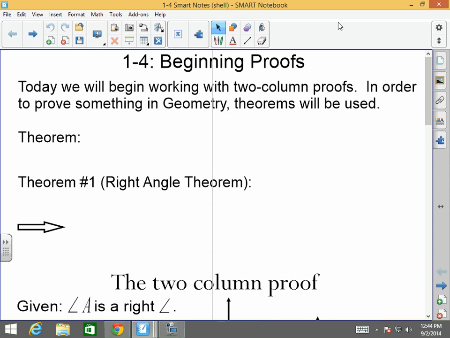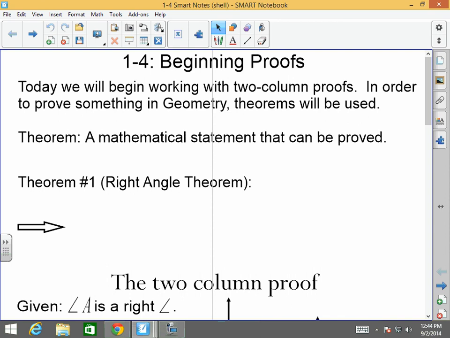In other words, in order to prove something in geometry, theorems are going to be used. You're going to be using theorems, definitions, postulates to prove things, okay? What is a theorem, though? Well, a theorem is a mathematical statement that can be proved, okay?